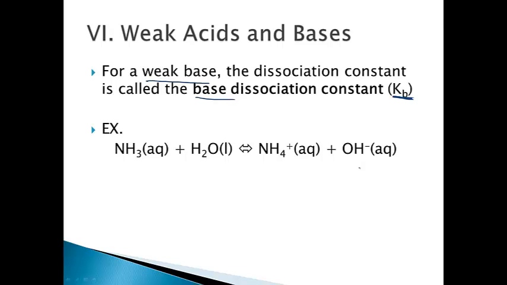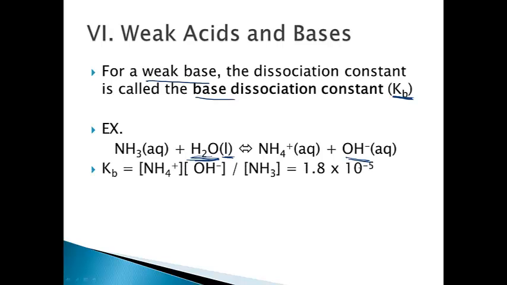For the base, you have to add water to it, otherwise you won't get OH minus. So we add water, and notice water is a liquid. So when you write the Kb for it, the water doesn't show up because it's a liquid. So it's the products NH4 plus and OH minus divided by the NH3. And the Kb for ammonia is 1.8 times 10 to the negative 5th.